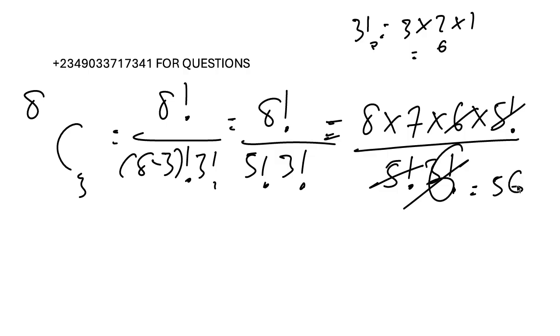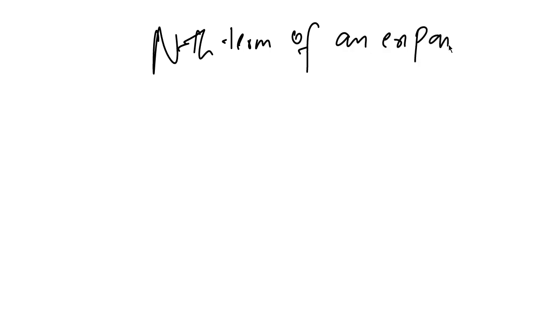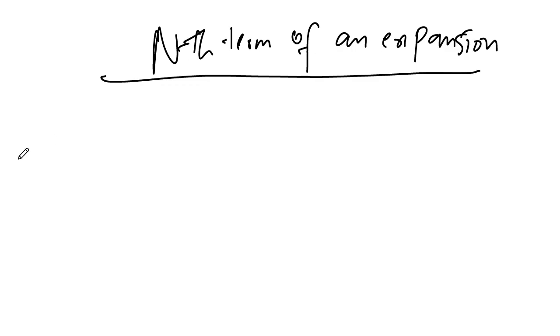So now how does this apply if you are asked in the exam? If you are asked to find the nth term of an expansion, that's what we are looking at now. Nth term of an expansion.